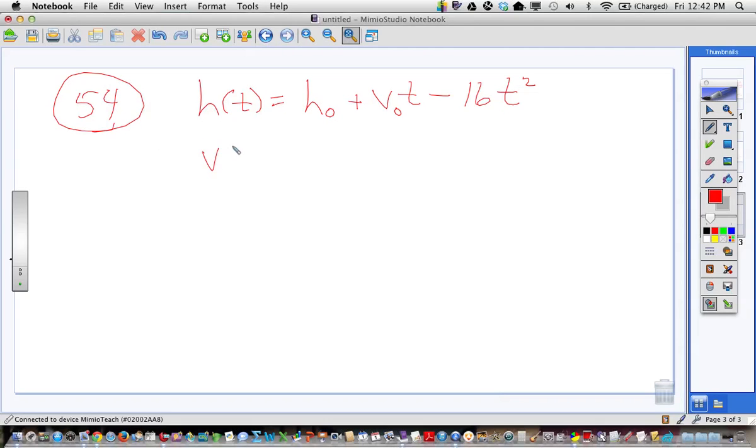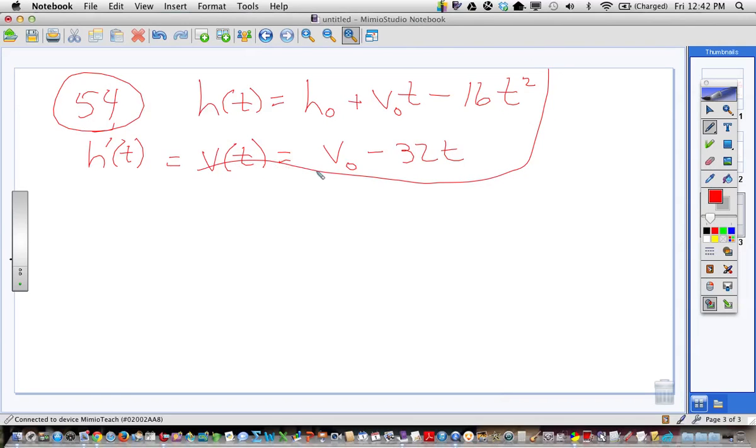And then velocity. Now the velocity could also be called what? H prime, right? The velocity is the same as H prime, and that equation is v sub 0 minus 32t. Those were given to you, and I wrote those up on the board yesterday, in the example.